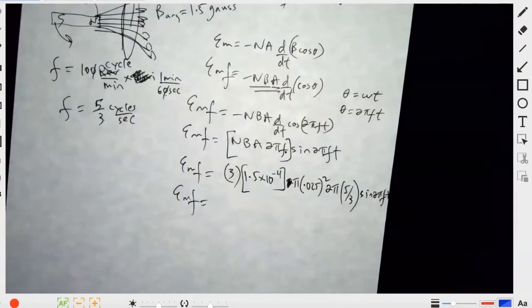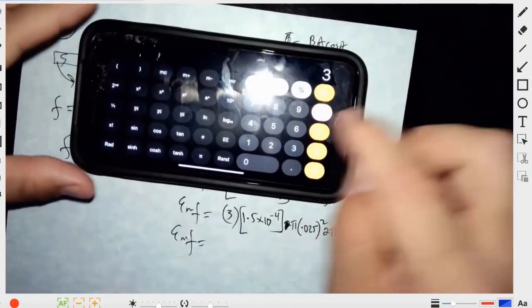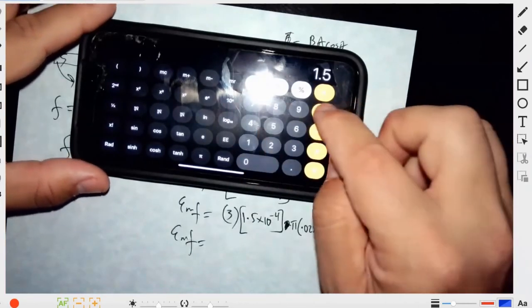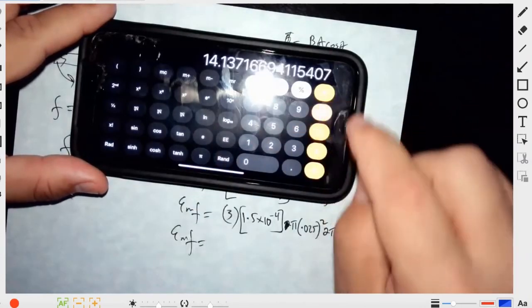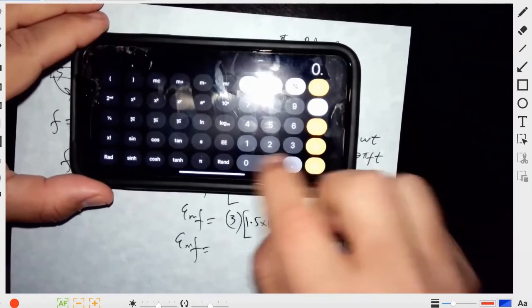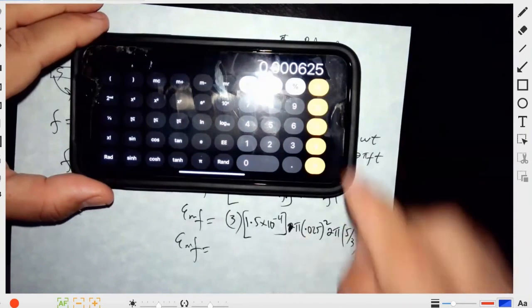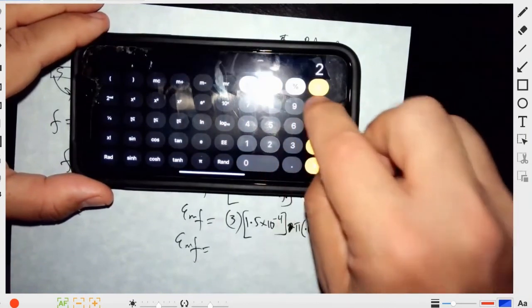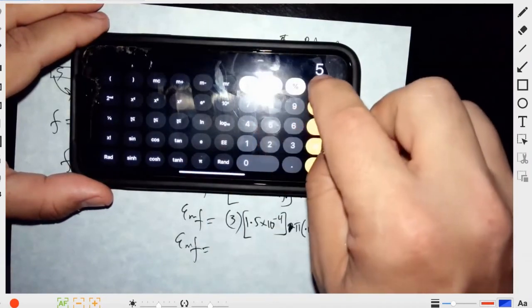So let's see what that comes out. Three times 1.5 times pi times 0.025 squared times 2 times pi times 5 divided by 3.